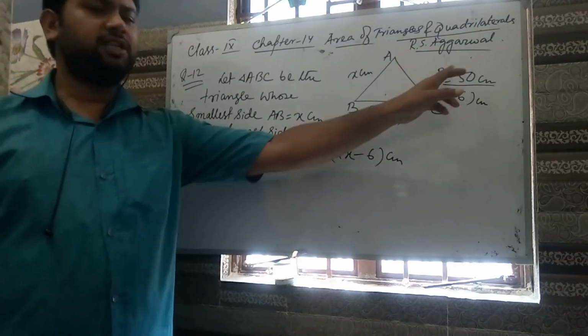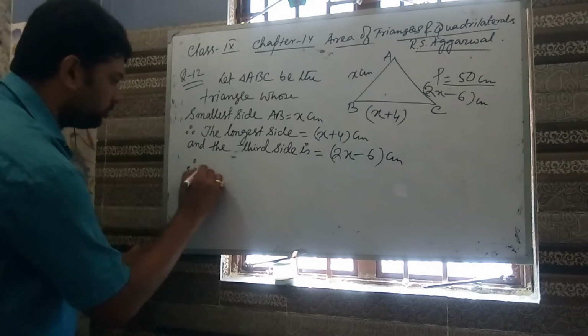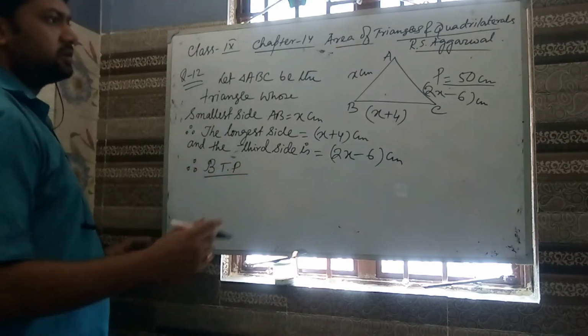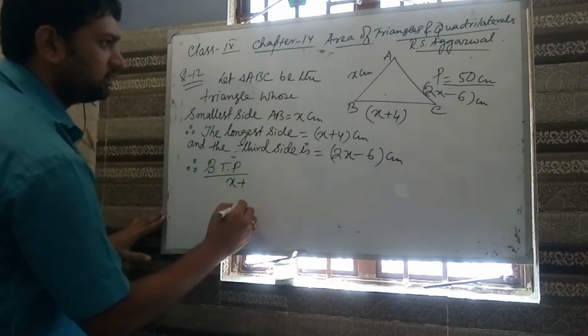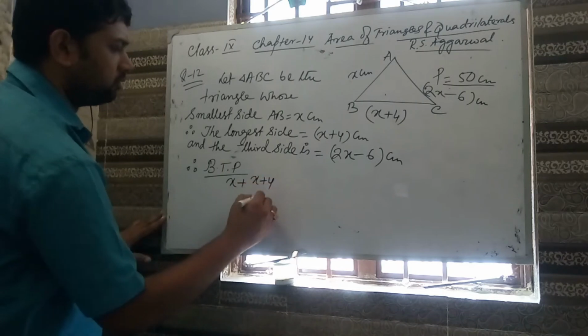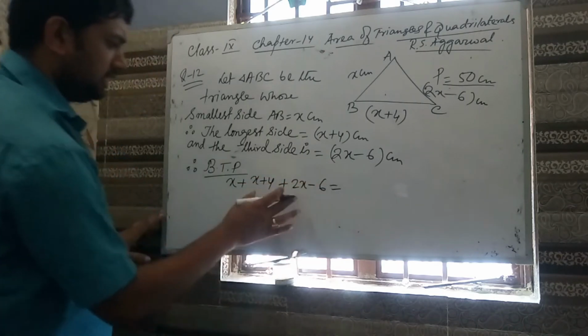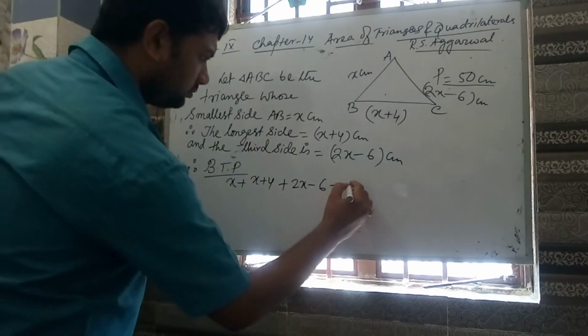What is given? Perimeter 50. So write down, therefore by the problem, sum of all the sides is the perimeter. So x plus 4 plus 2x minus 6, that is the sum of all the sides, that is the perimeter, that is 50.